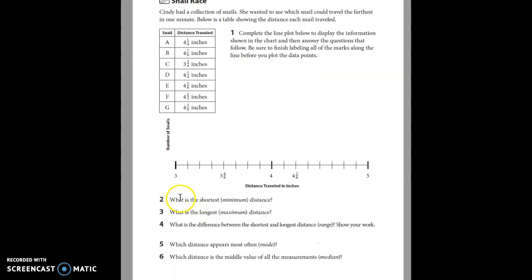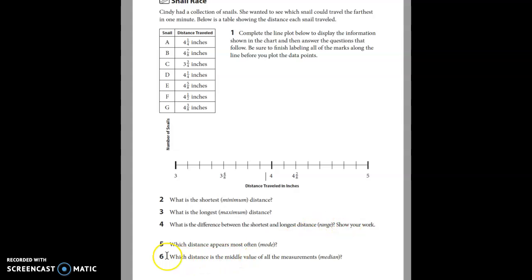Number 2, what's the shortest minimum distance? What is the longest maximum distance? What this means is, what's the shortest distance traveled and what's the longest distance traveled. Remember, I'm also going to be looking for units. What's the difference between the shortest and the longest distance, or like finding the range?